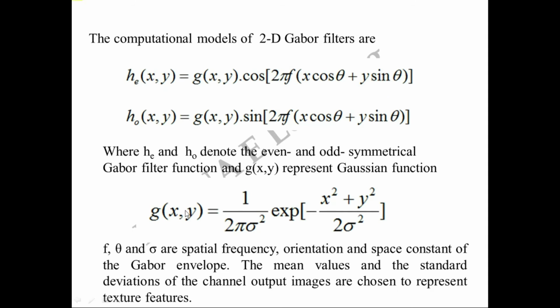The Gaussian function is represented by g(x,y) = 1/(2πσ²) exp(-(x² + y²)/(2σ²)). Here f represents the frequency, θ represents the spatial orientation, and σ represents the space constant of the Gabor envelope. Using this function we can analyze the image in different orientations and different frequencies.